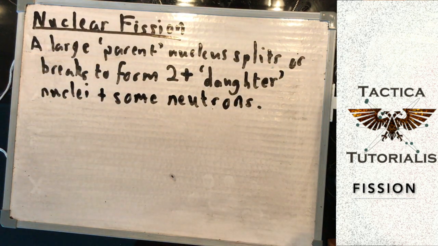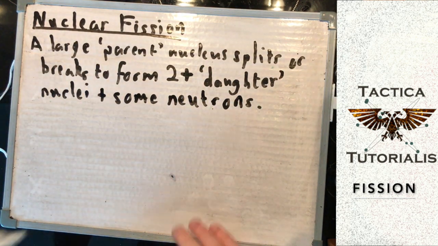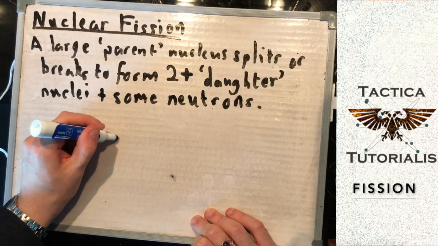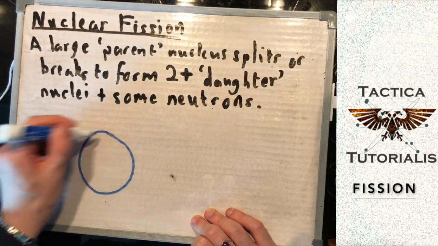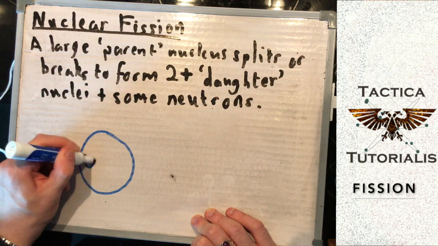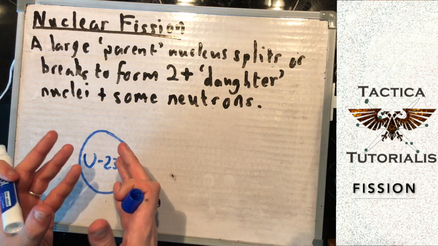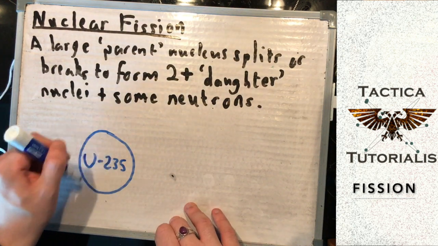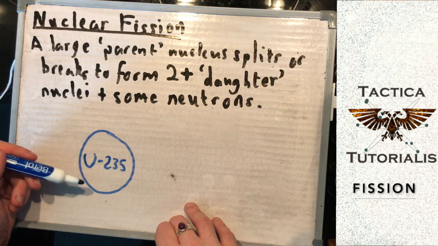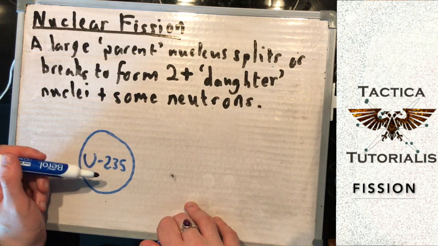So it might be that you'd start off with, probably the most famous example of a nucleus that can do this, uranium-235. If that is a nucleus of uranium-235, obviously there's a lot of protons and a lot of neutrons in there. You could write it in AZX if you wanted to.